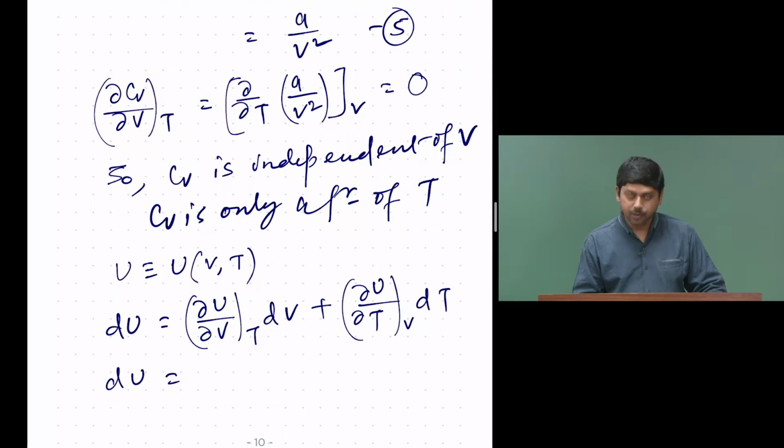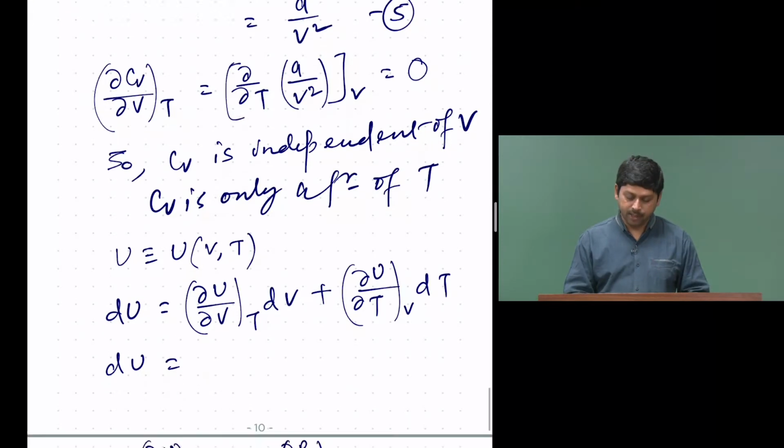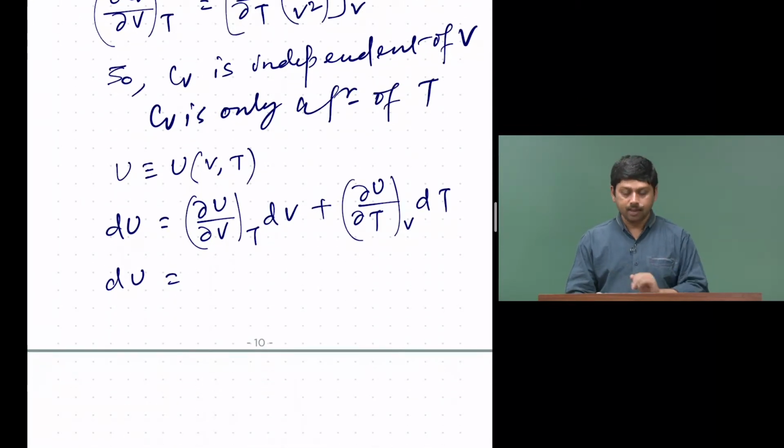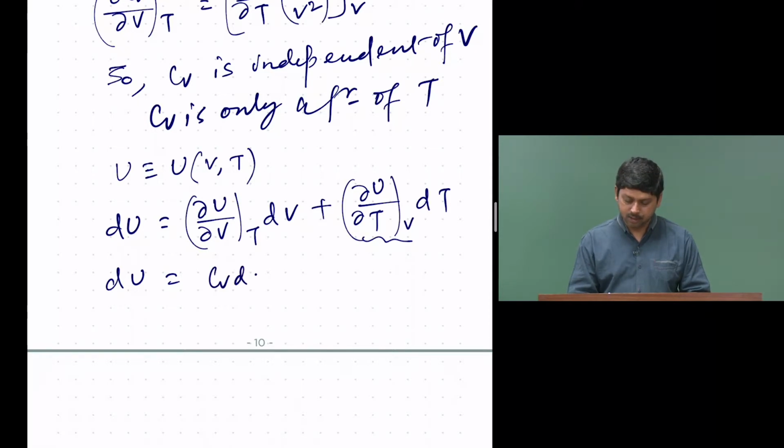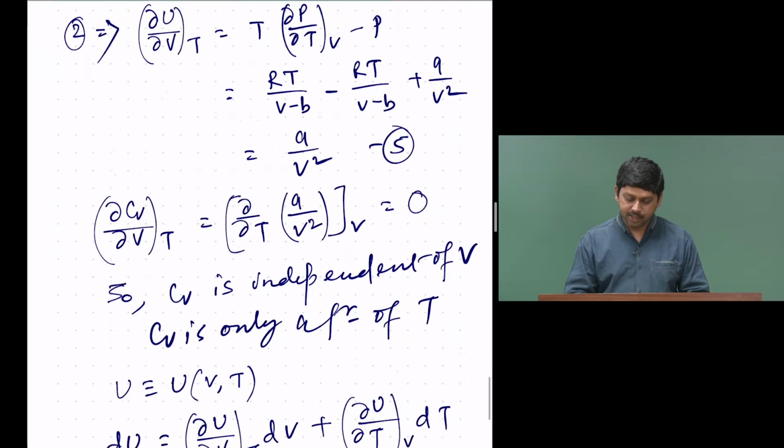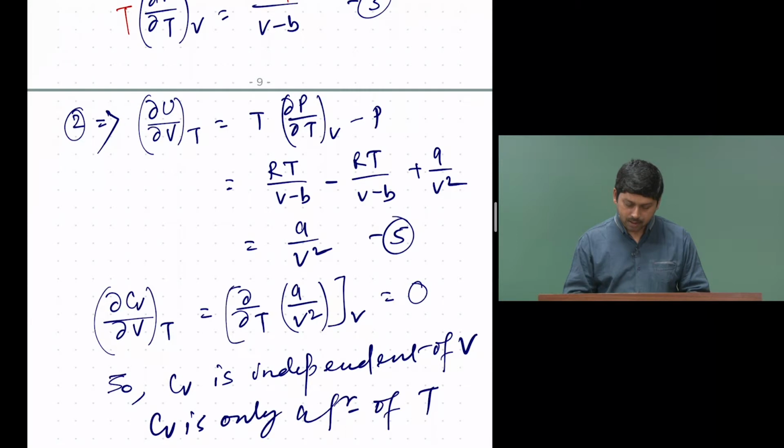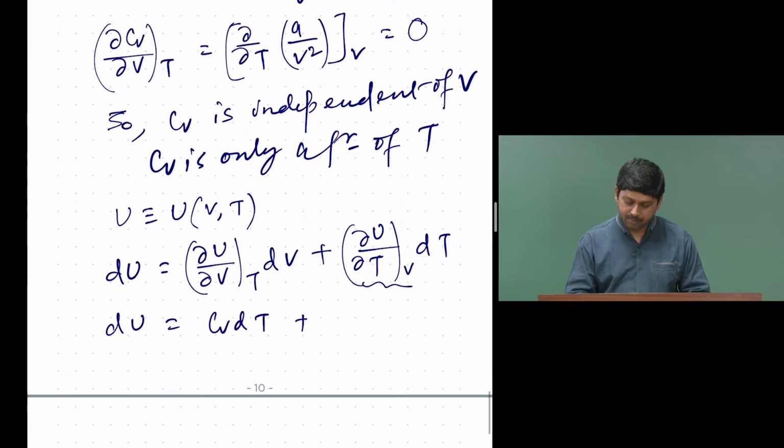We need to get the expression of U, so we need to write the dU term in such a way that we can get the other terms. Del U by del T at constant V is nothing but C V, so it is C V dT plus del U by del V at constant T dV. And del U by del V at constant T we have got as T del P del T at constant V minus P.